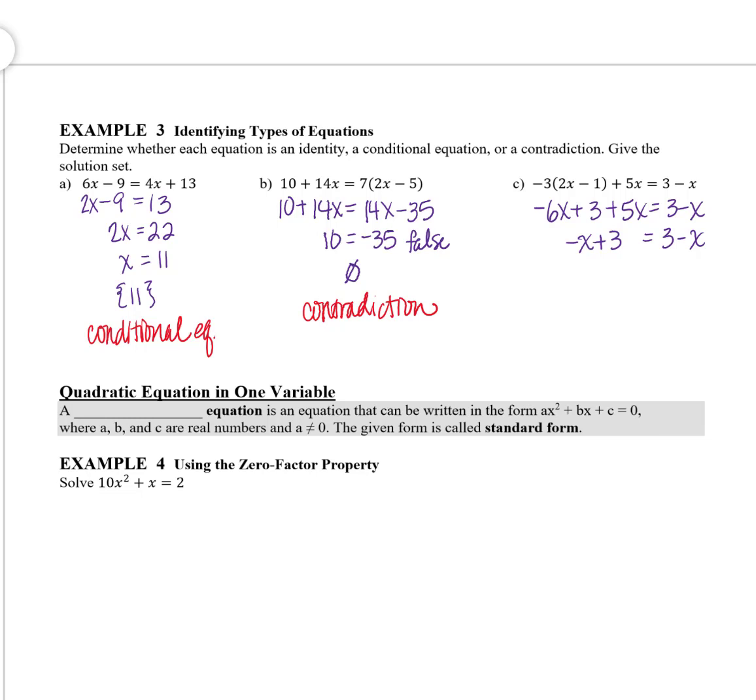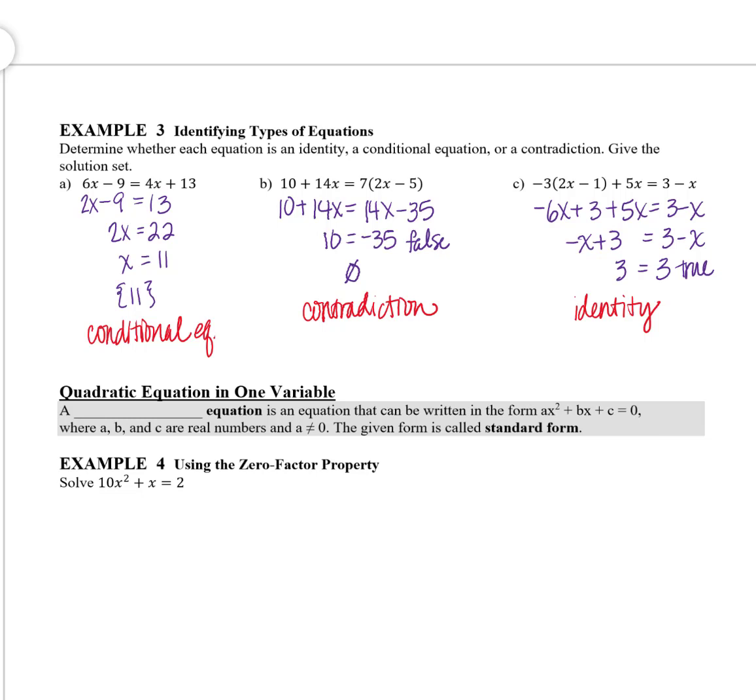If you want, you could add x to both sides, but do you see how you'll still have the same thing on both sides? So this is a true equation, and so this is going to be an identity. So no matter what you plug in for x, that equation will be satisfied.